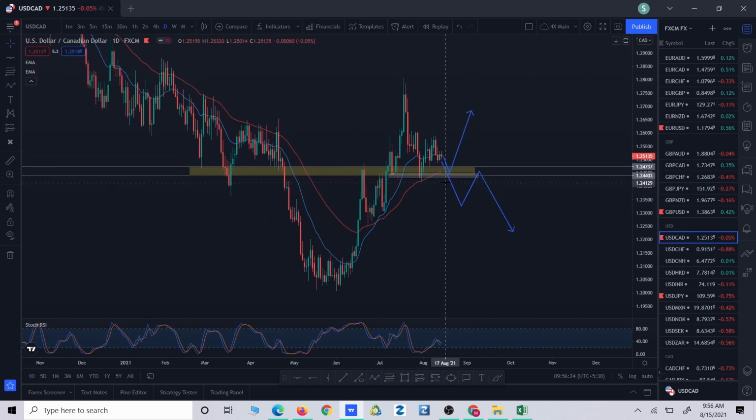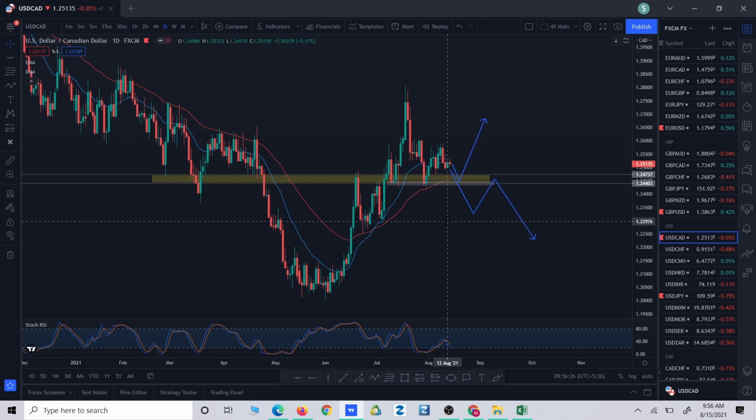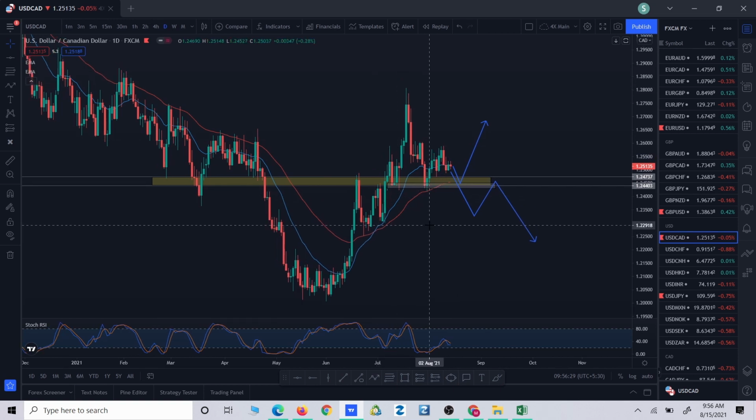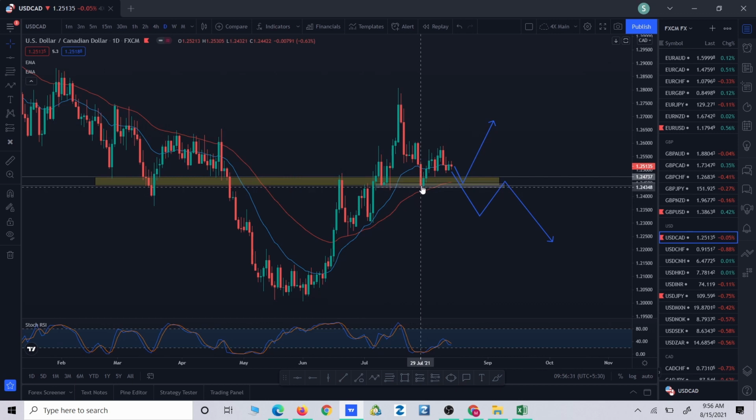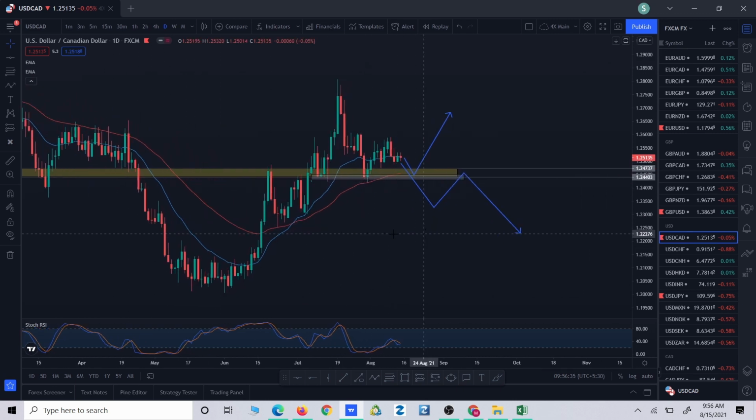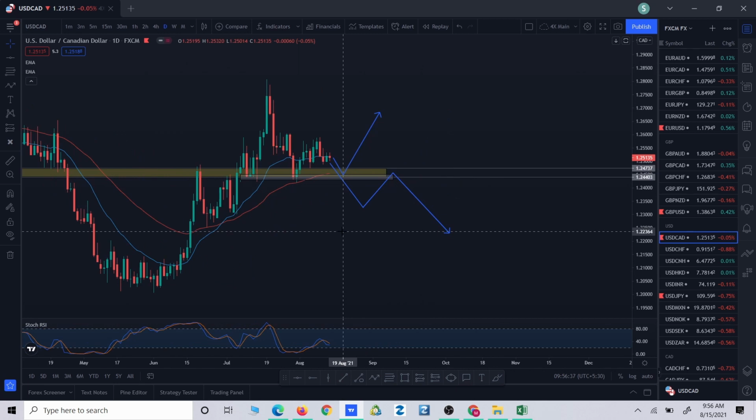And if we talk about the strength of the zone, we can see this zone has been retested multiple times in the past. We can see it's retested here, here, here, here, here. So it's going to be a very strong zone to go either long or short.